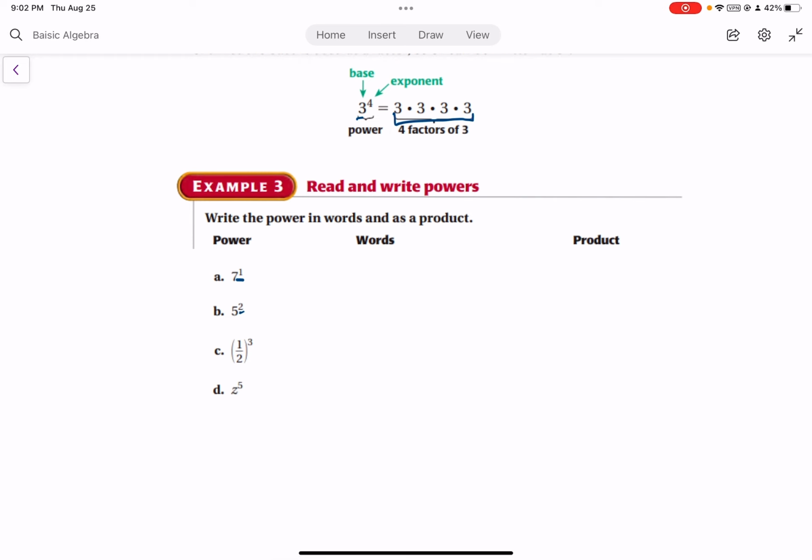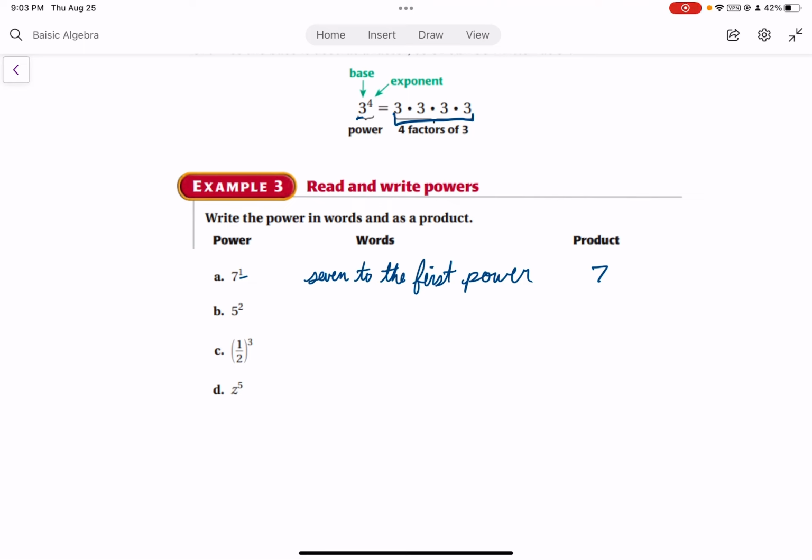So when we're looking over here, we have 7 to the first power. So if we only have one 7 here, that means our product is just 7.